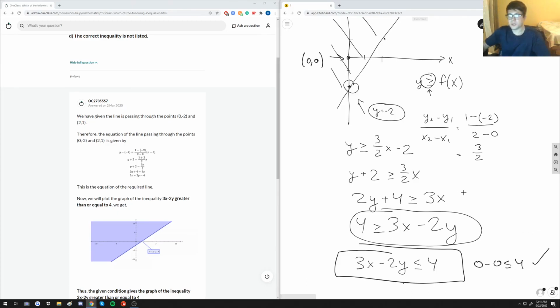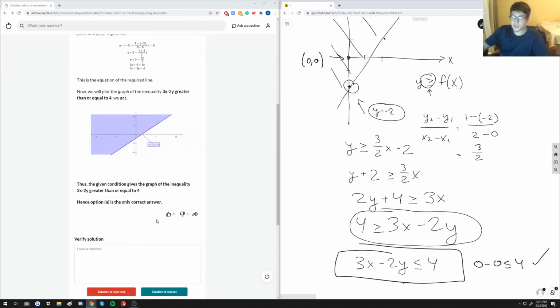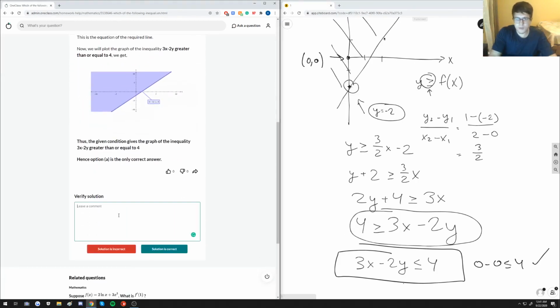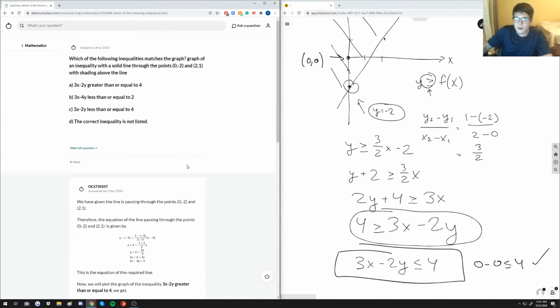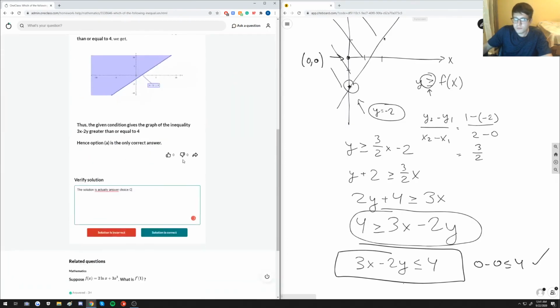So that's how we know this inequality actually works. So I would write here that the solution is actually answer choice C. 3x minus 2y is less than or equal to 4, yep.